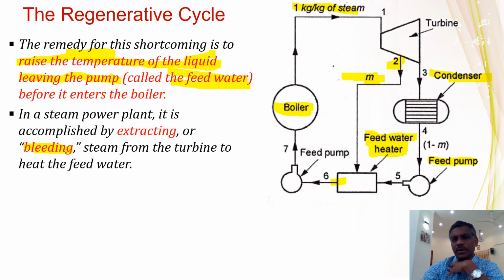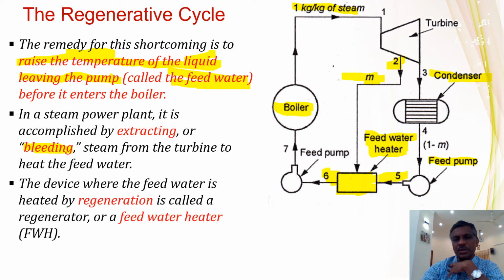So that is given to the feed water. It's an open feed water heater. The steam mixes with the liquid water, and they mix together. Thereby the feed water temperature will be increased from, say for example, T5 to T6. The temperature has been increased. Thereby the average temperature of heat addition is pushed up.